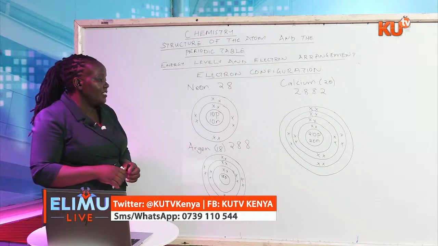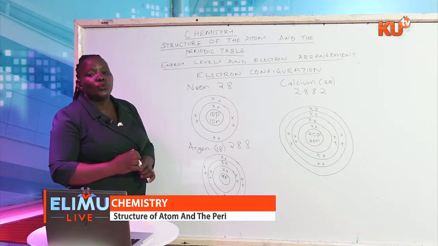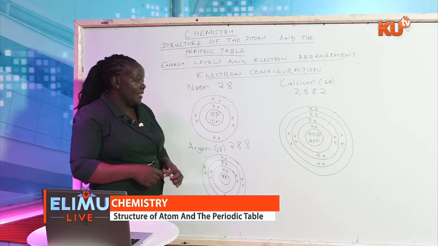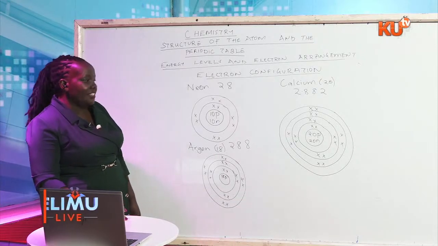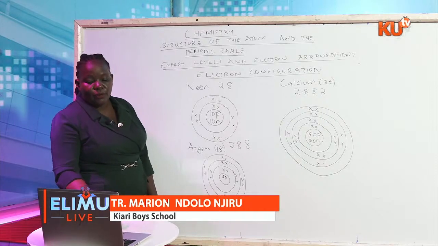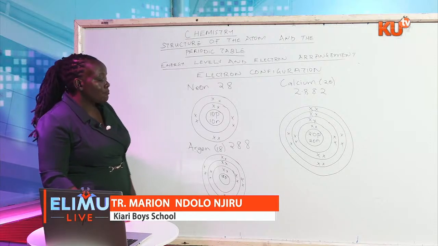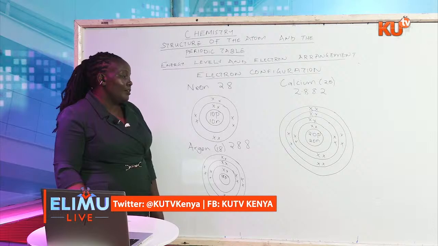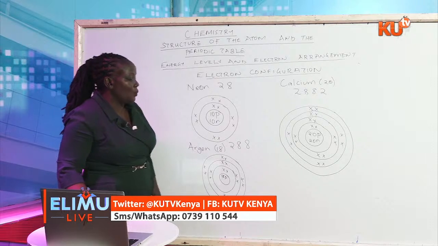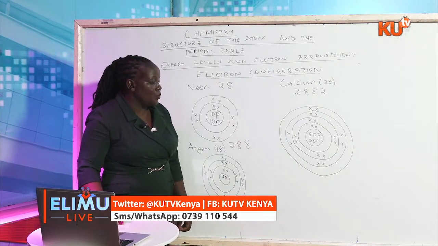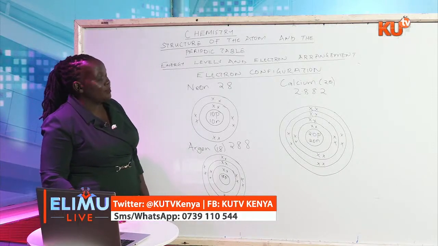The first energy level accommodates a maximum of 2 electrons. The second energy level accommodates a maximum of 8. And then the third energy level, we have seen that it will accommodate a maximum of 8 electrons for the first 20 elements. But if we have an atom that has more than 20 electrons, then it will have a maximum of 18 electrons. Very important about the energy levels.